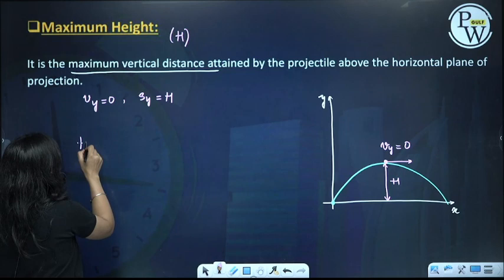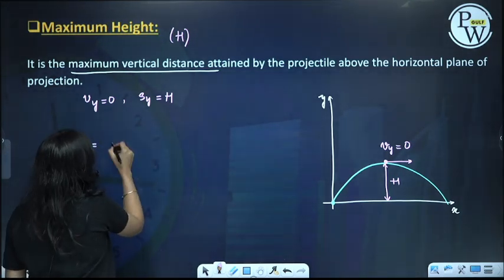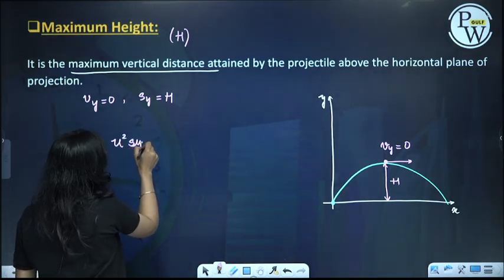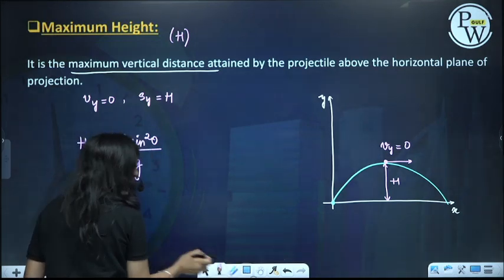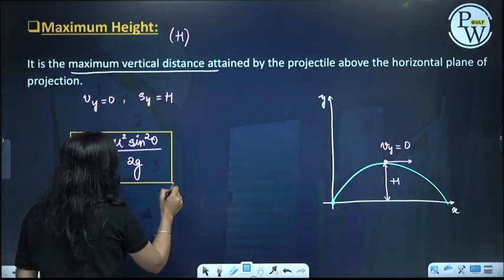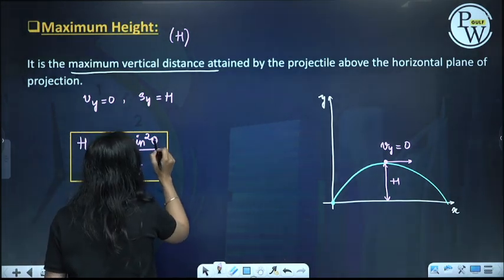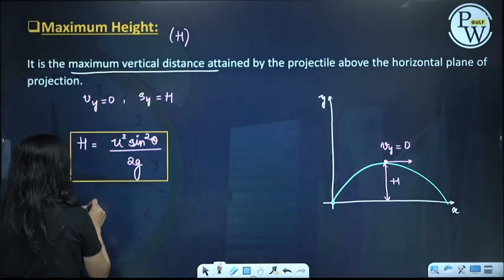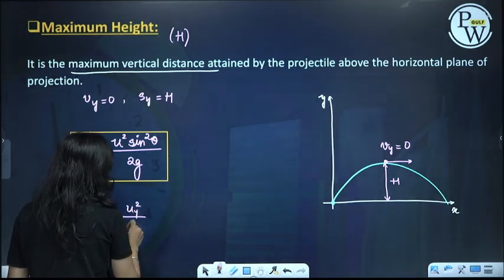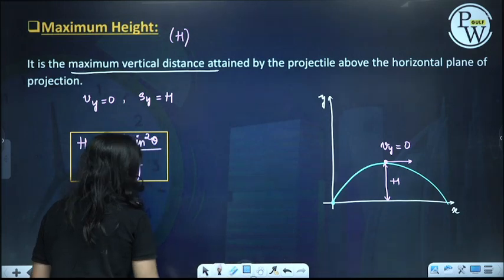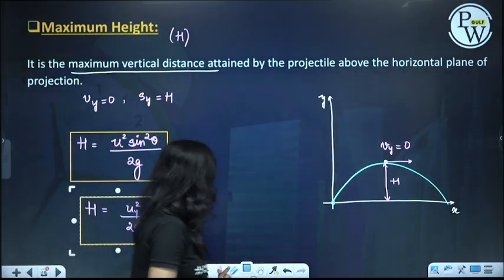We will get that H is equal to U square sine square theta divided by 2g, or in other way we can write it as Uy square divided by 2g.